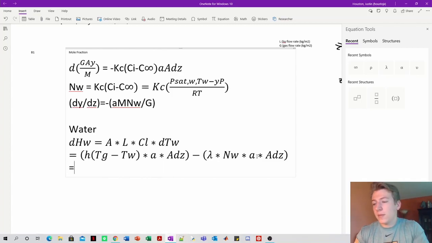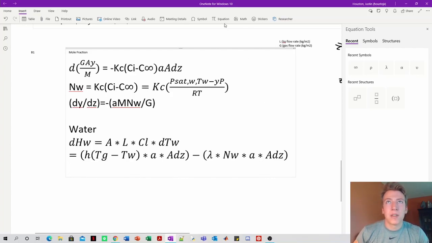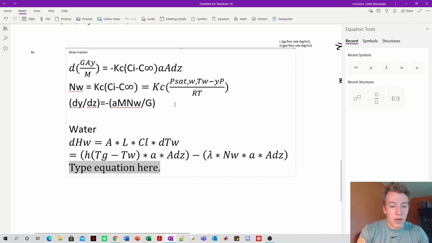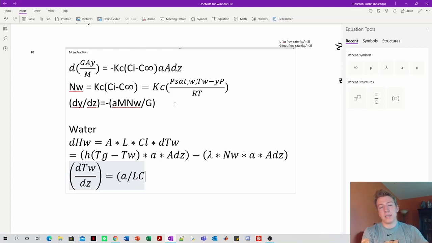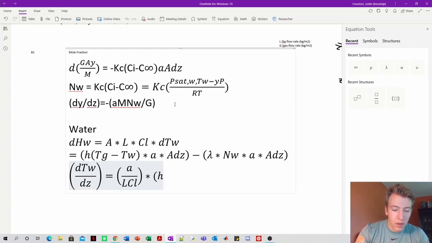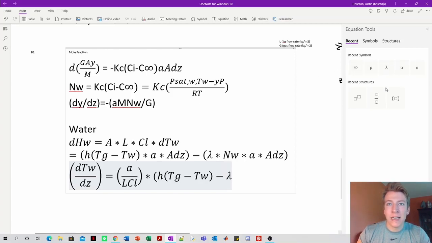So this all allows us to find that the final differential equation that we want is going to be dTW, change in temperature of the water, dz with respect to distance, is going to be equal to the specific area divided by the liquid flow rate times the heat capacity of the liquid phase, times the heat transfer coefficient times that temperature difference, Tg minus Tw, minus the enthalpy of vaporization times NW, the molar flux of the water phase.